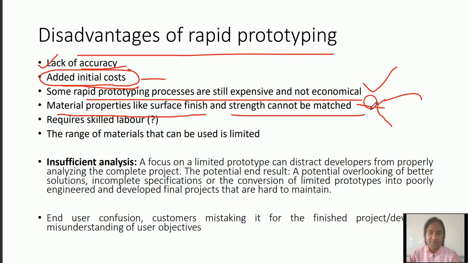Match in the sense that parts printed with 3D printing technology have somewhat lower strength, and we also don't get the smoothness that we get in the common manufacturing process.